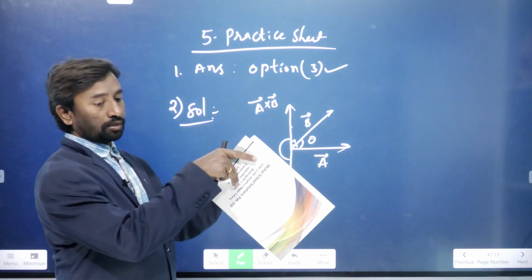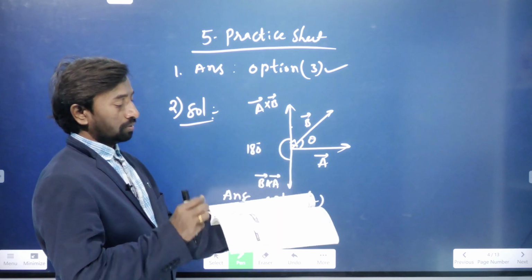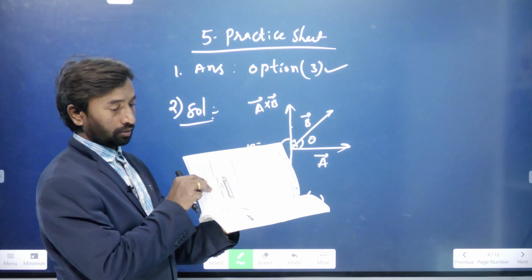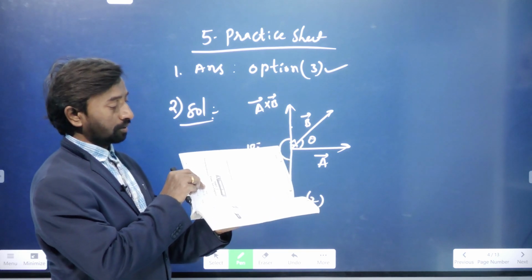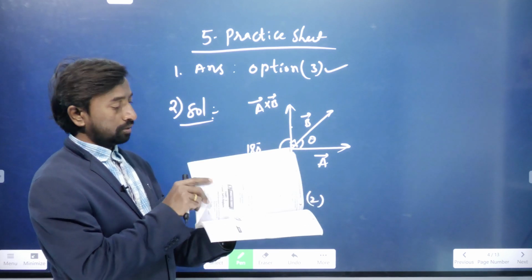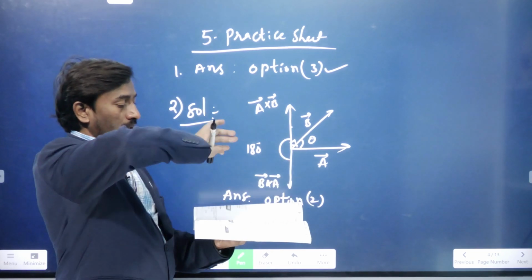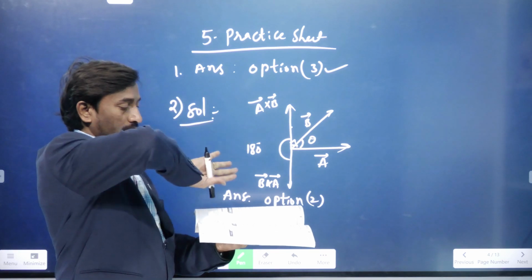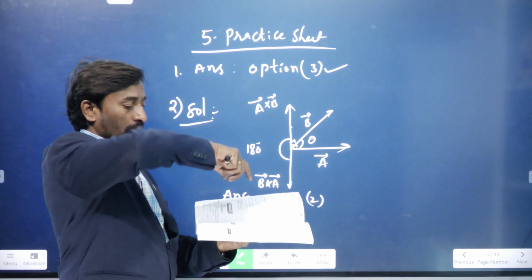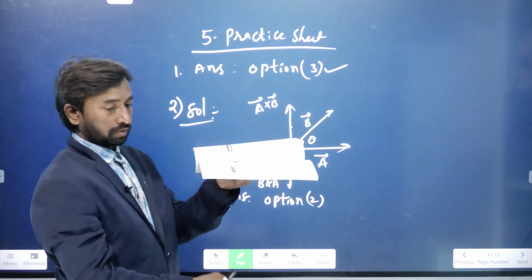Suppose these are the two vectors, no? So this is one vector and this is another vector. Okay. If it is moving in a clockwise direction, then the resultant cross product will be downwards. It is in the negative direction, downwards it will be there.